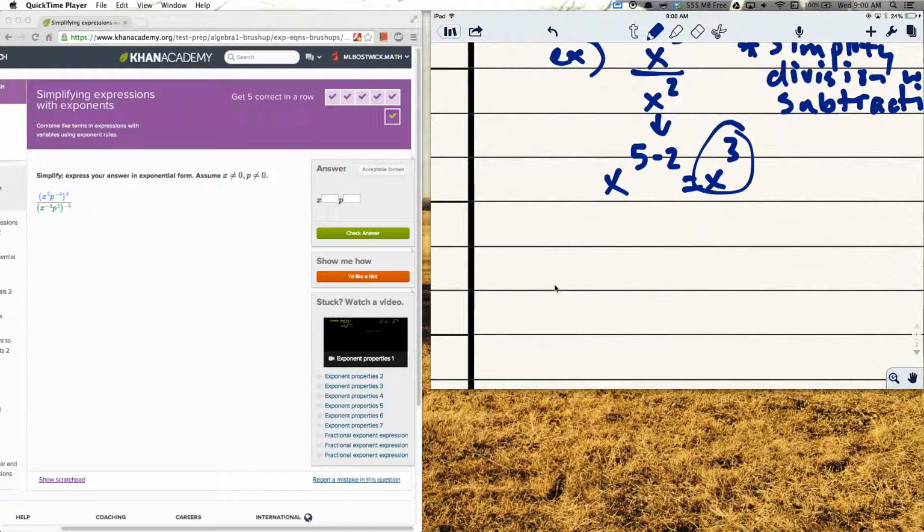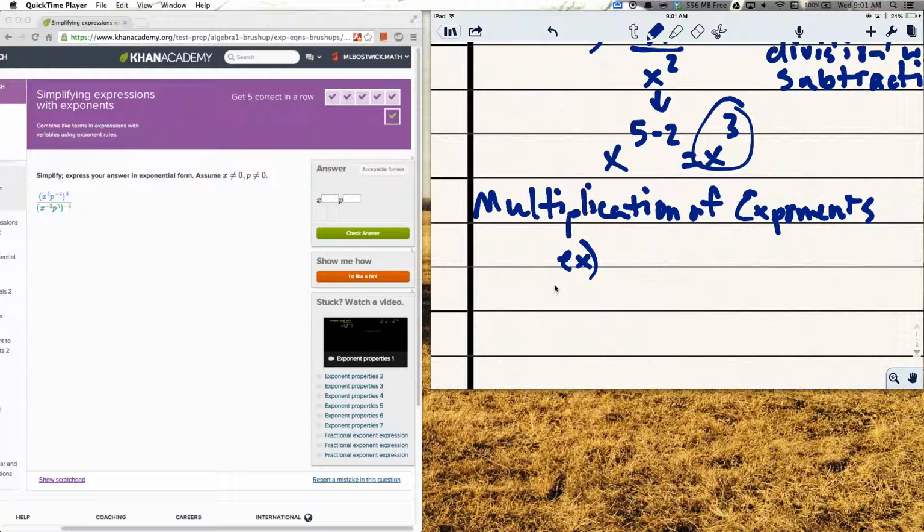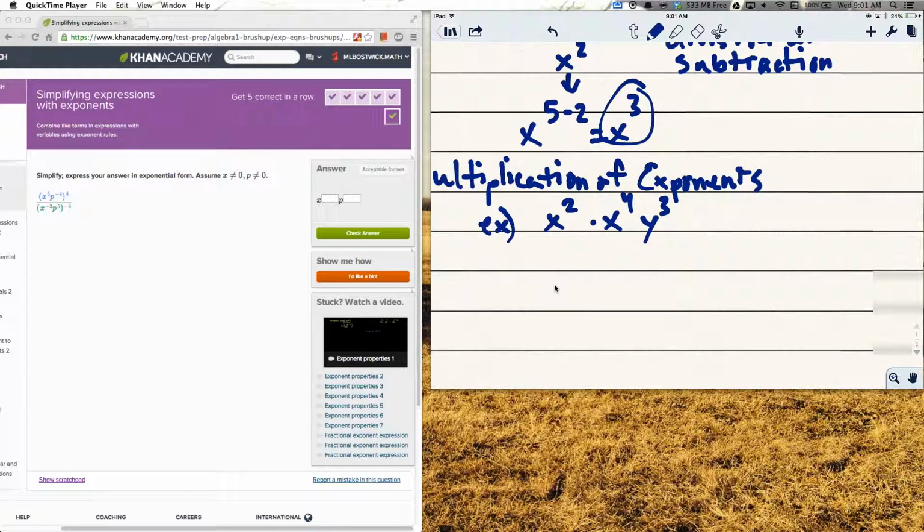The next is multiplication of exponents. For all these, it's when you have the same base. So, for example, if I had x to the second times x to the fourth times y to the third, I can simplify multiplication with addition.